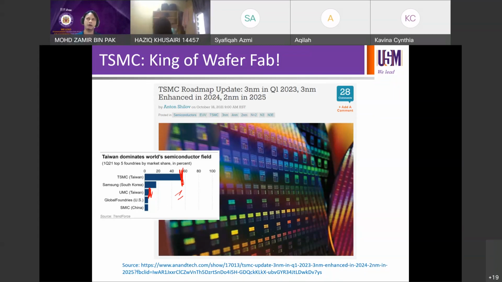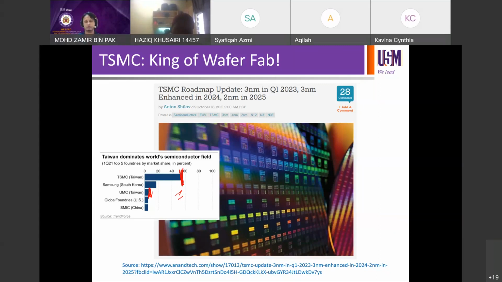The others, we have GlobalFoundries in Singapore and the US. We have Intel, we have Samsung and TSMC. So these are the top 4 fabs in the world, right? TSMC of course number 1, and then Samsung, Intel and GF, GlobalFoundries. So only these are able to do it.